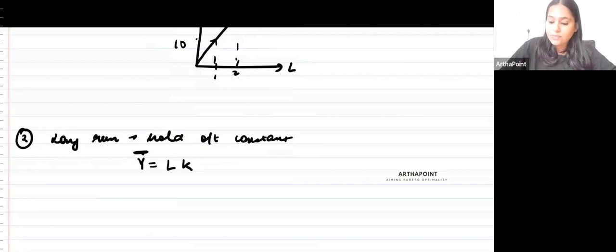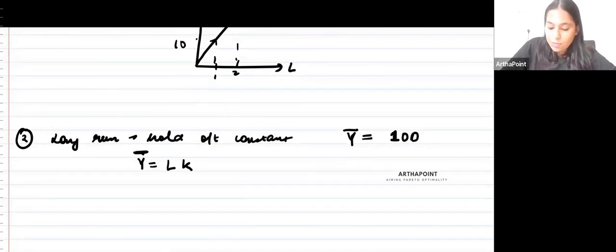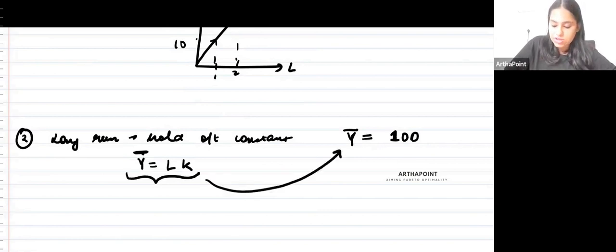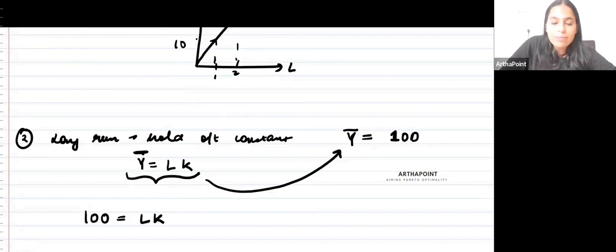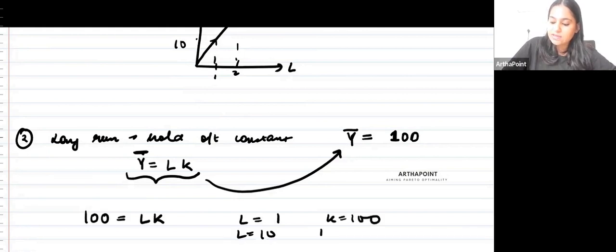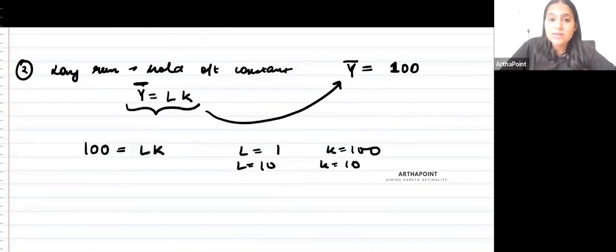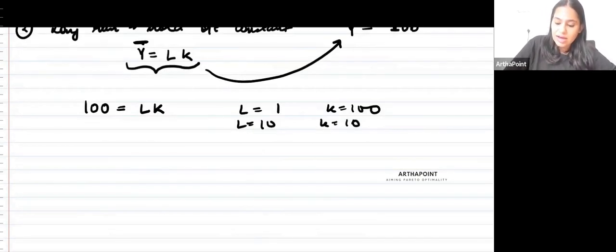So I say, okay, if I want to hold output constant at 100, what are the different combinations of labor and capital that fetch me this 100? So I say 100 is equal to L into K, and I put down different combinations. L is 1, K will be 100. L is 10, K will be 10, and so on. When I do this, I will get a level curve between L and K.